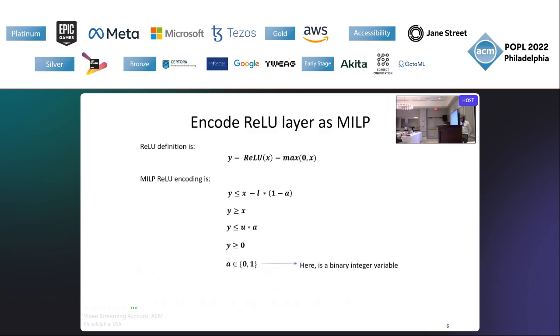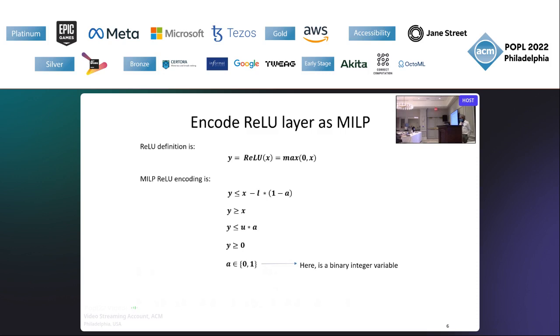Okay, so let's look at just the encoding. You don't have to look at all the details. Somebody came up with it. What this implies is that when the input x is positive, the output is equal to the input, and when x is negative, the output is zero.